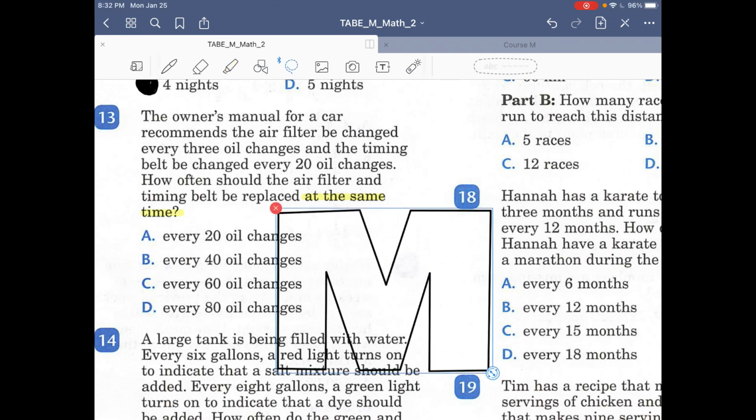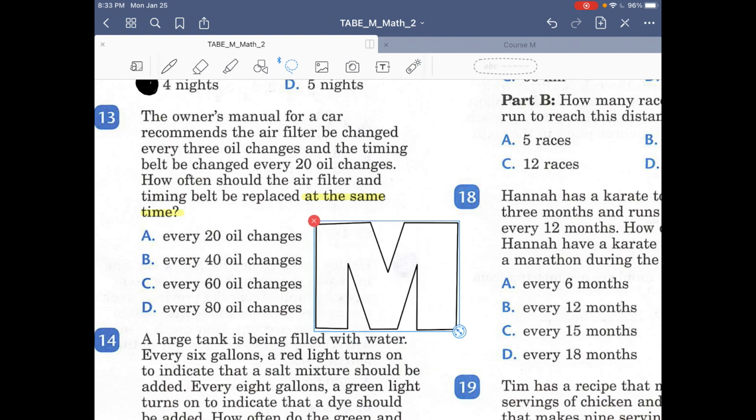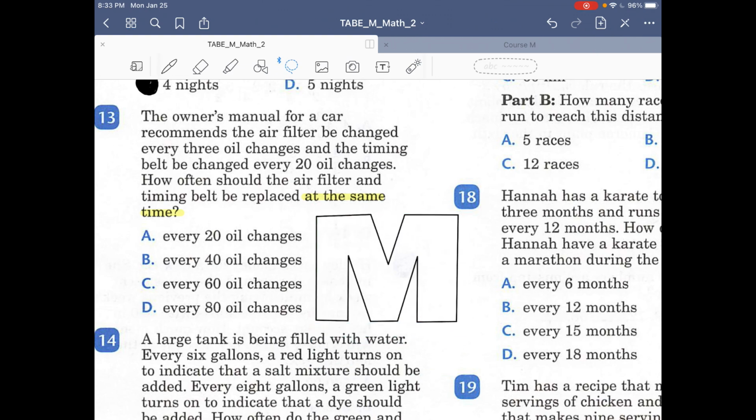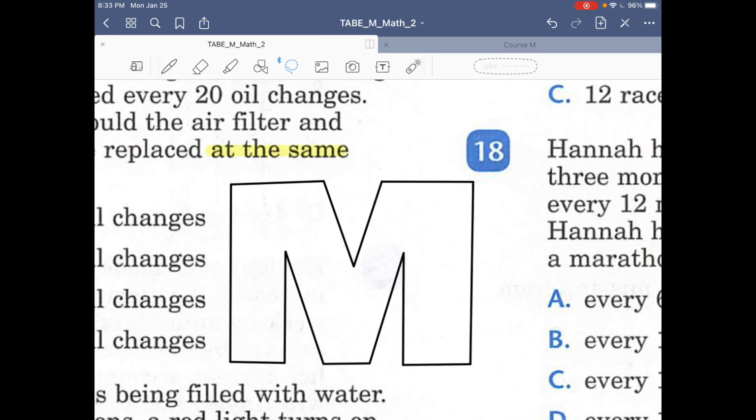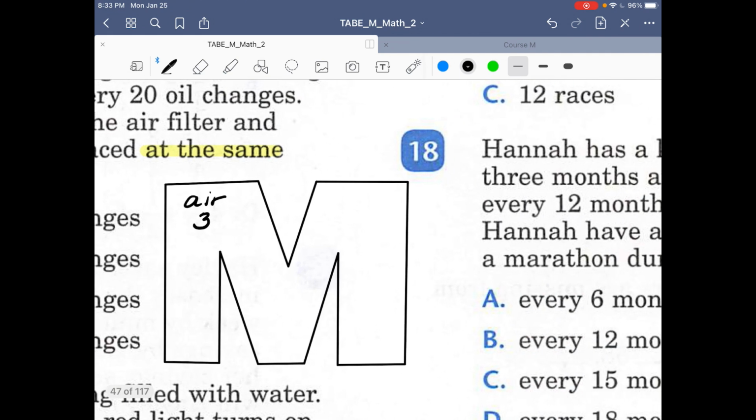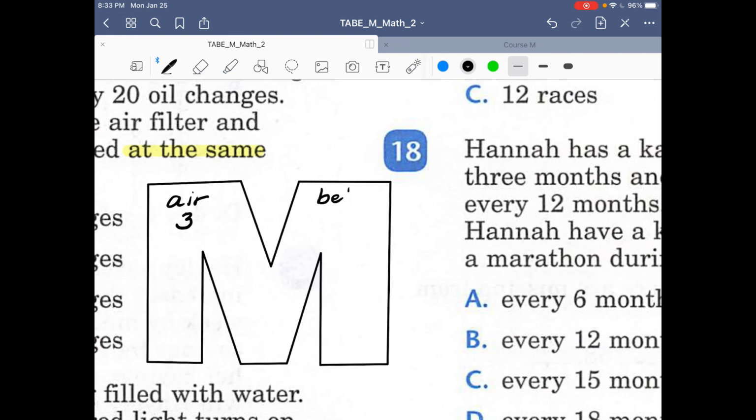So let's bring in our multiples frame. And I'm going to say air filter on this side, that's every 3 oil changes. And then the other thing was the timing belt, and that was every 20 changes. So these are pretty far apart.